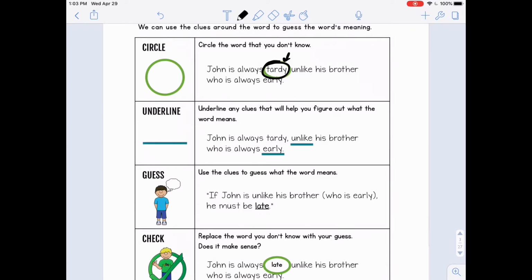We don't know what tardy is, but if he's unlike his brother, and his brother is always early, then we might use that information to take a guess. If he's not early, then not early would probably mean the same thing as late. So that's our guess there using those context clues.